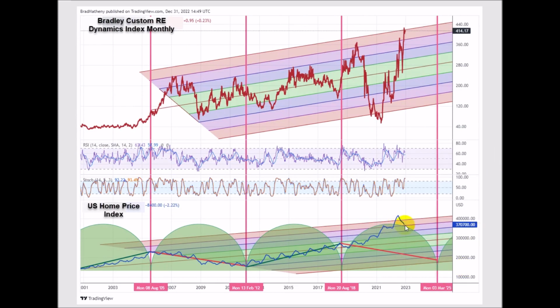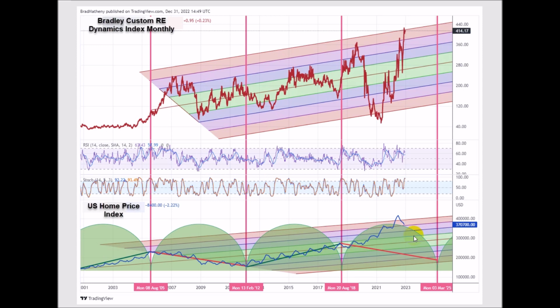From where we're at, 370,000, let's call it a 15% decline would be a 45 to 50, call it 55,000 price decrease from where we're at. That would put houses back in the 320 range, back over in this area, 320, yeah, right around that area.